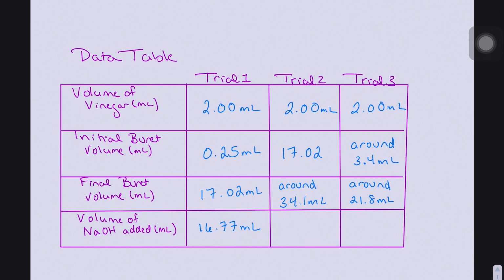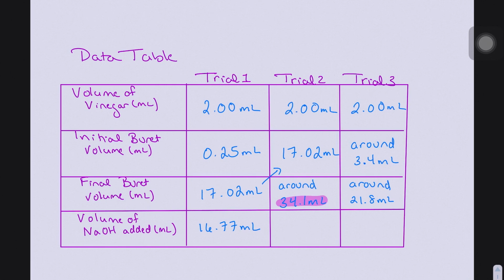Now for trial 2, remember our final volume was the same as the initial volume for the next run. So that was also 17.02 milliliters. Then I told you that the volume for trial, well, I didn't tell you anything actually, but what you should have had for a final volume was something around 34.1 milliliters.